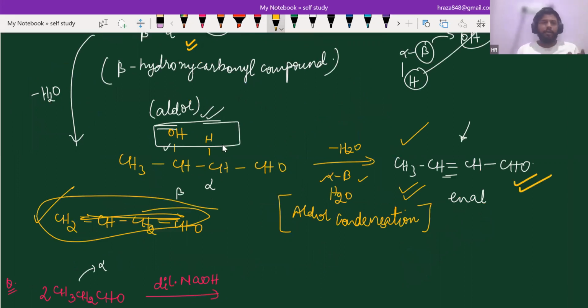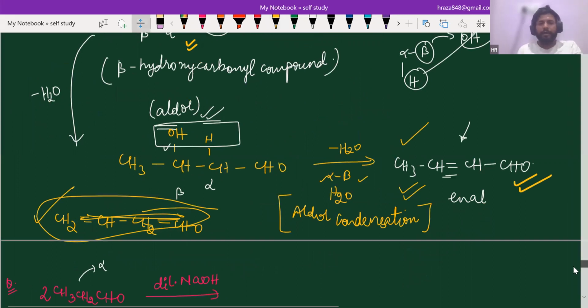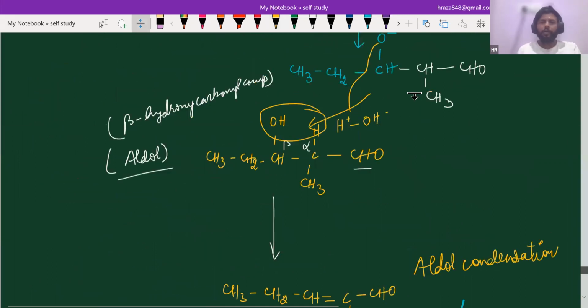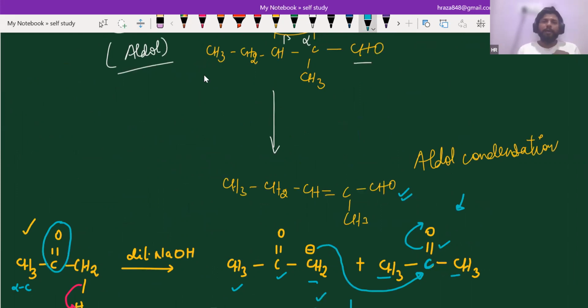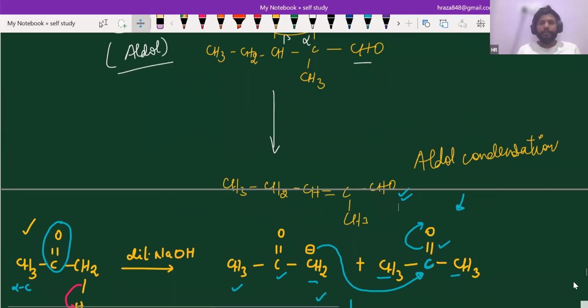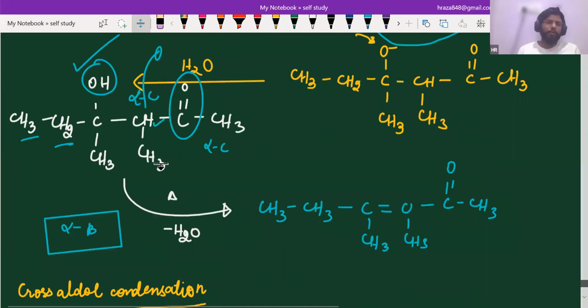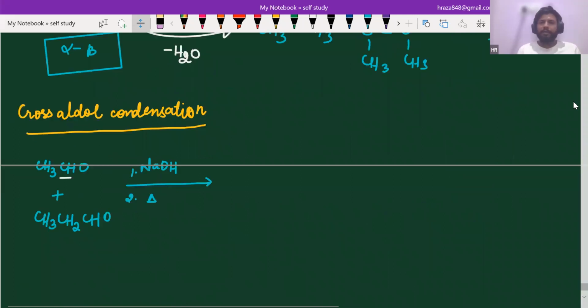Then again, you do the aldol condensation of propanol separately, as the way we did for this, and you get a product. After that, you do aldol condensation of these both together.